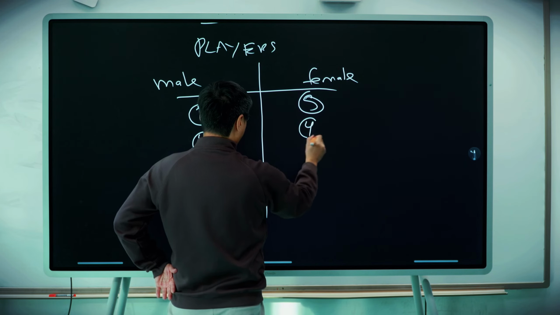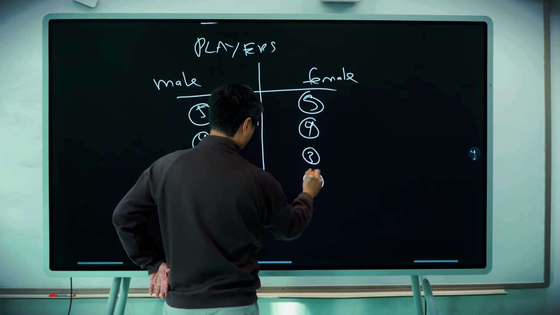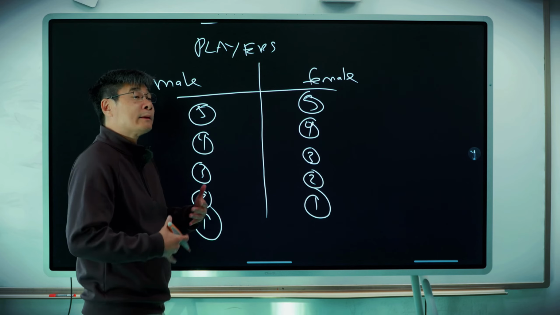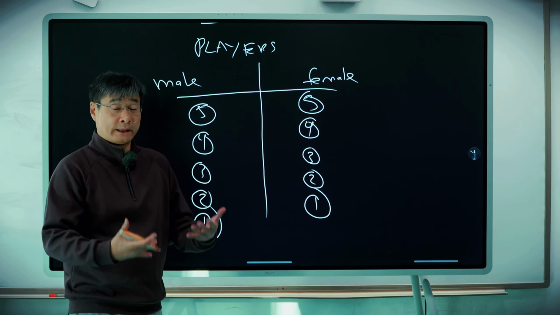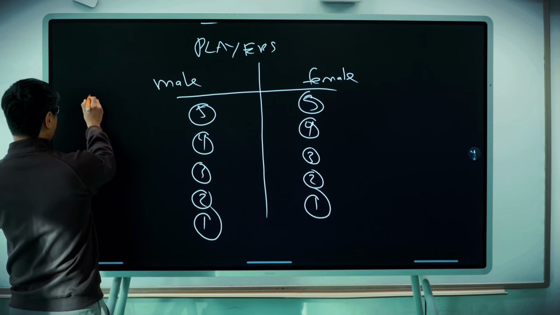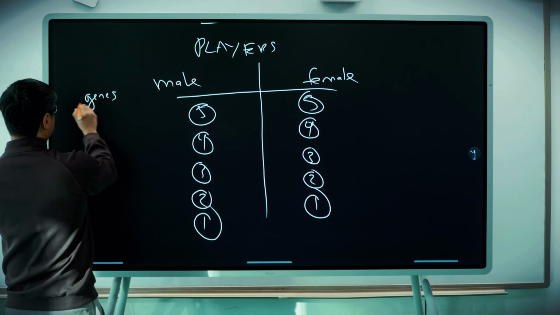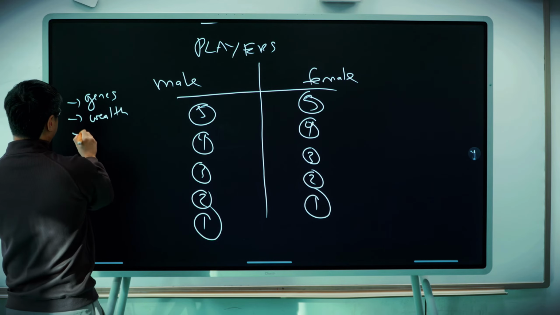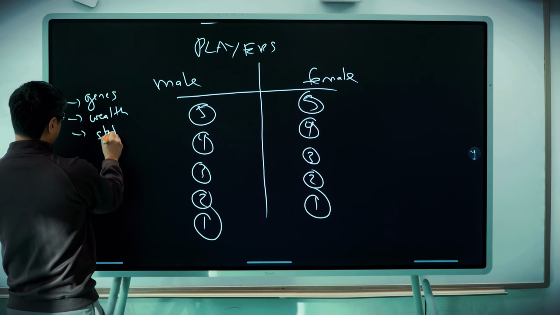And how do we rank them? Well, we rank them according to their attractiveness using 3 criteria. The first is genes. The second is wealth. And the third is status.